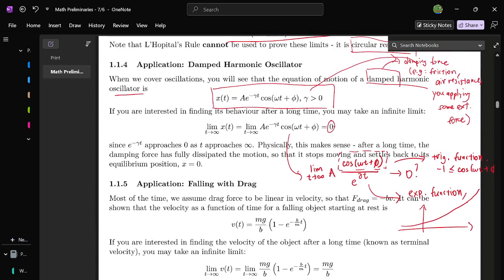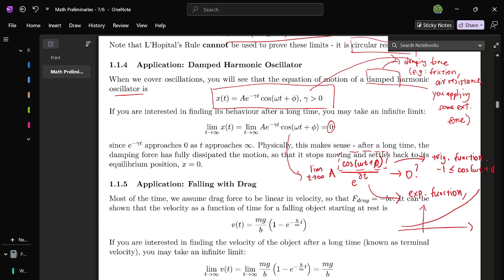And if you reason it physically, this makes sense, because what we are saying here is that after a long time, x tends to 0, and x is the displacement of this object from the equilibrium position. After a very long time, because you have a damping force, for example air resistance, the air resistance would have fully dissipated this motion, because the mechanical energy of this moving object is lost over time.